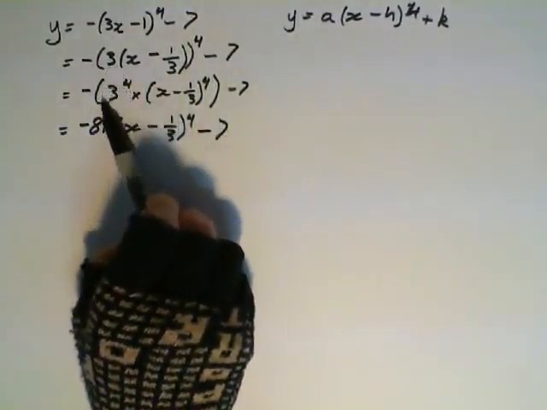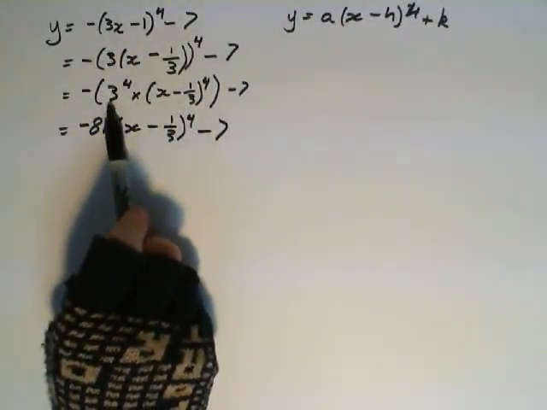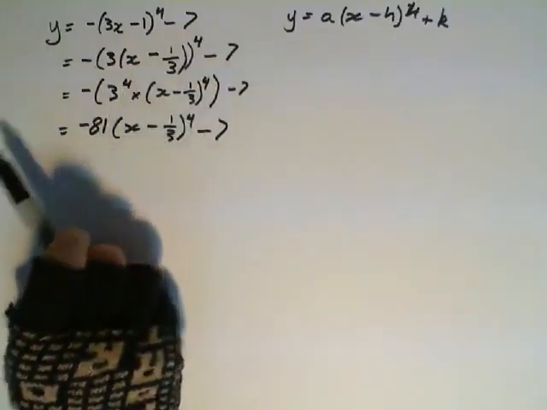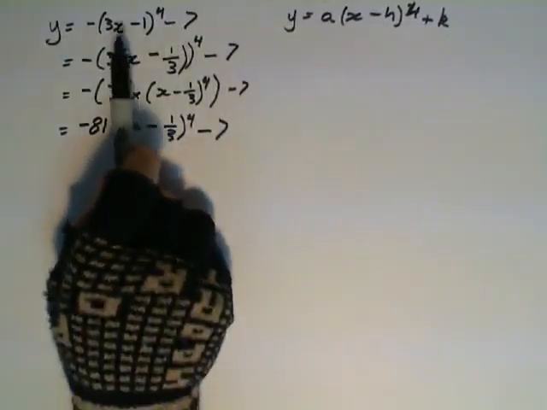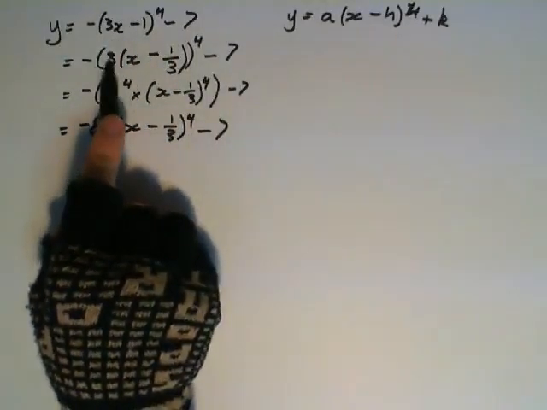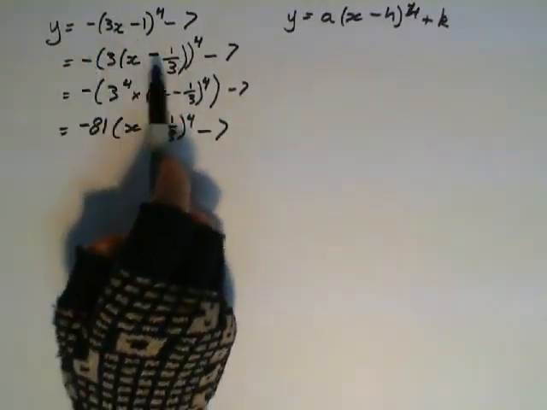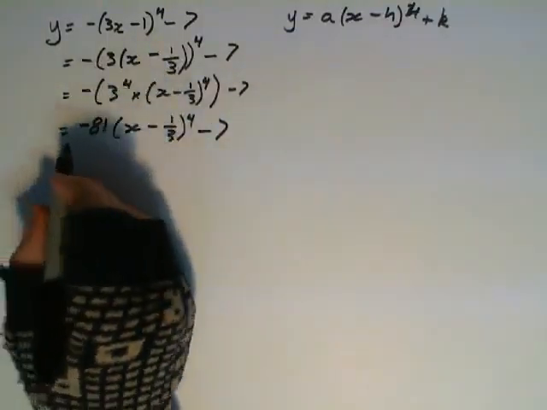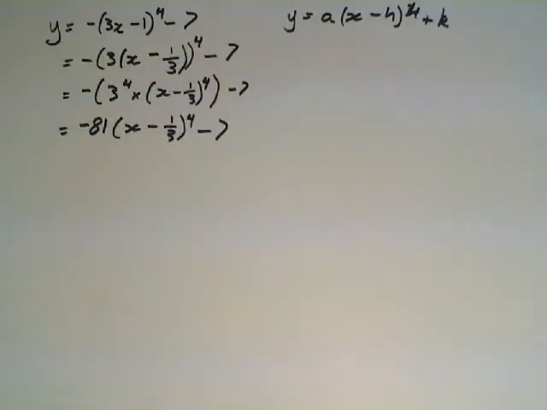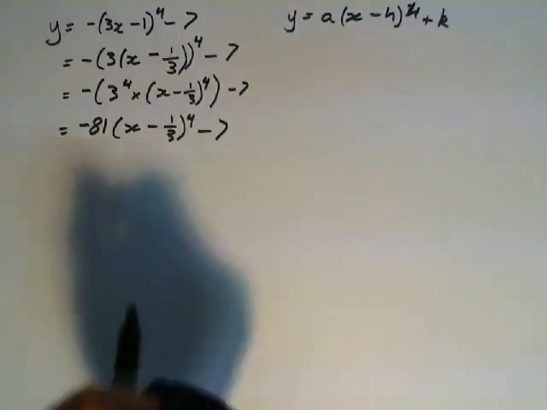That 3, as I said, causes problems, so I need to take that out. It does cause problems trying to find this number here, but just think of, what do I need to multiply 3 by to get -1? And that's just the reciprocal of it. So now I can start solving like before.